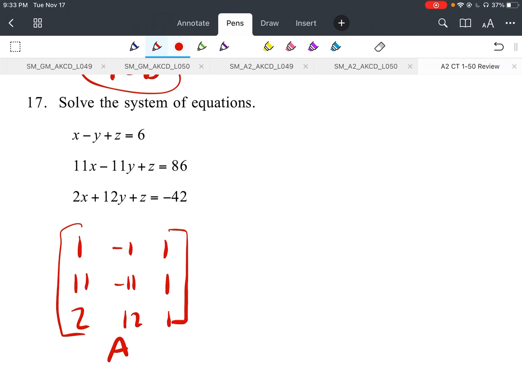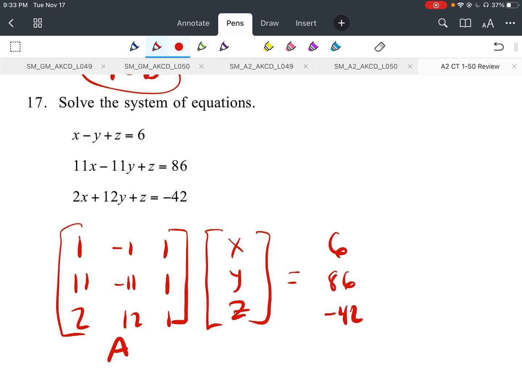We'll call it matrix A. Now, the variable matrix would come next, and this is just x, y, z, just like the last test. And this is going to equal your constant matrix, which is just going to be 6, 86, and negative 42. Okay, we'll call this B. We'll call this the unknown matrix.